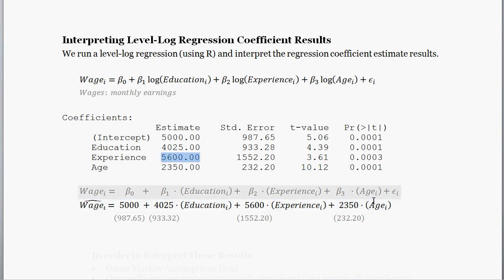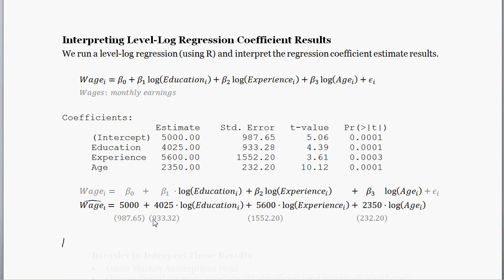And the estimate for beta 3, standing in for age, is this 2,350. So how do we interpret that? Let's focus on beta 1. How exactly do we interpret this when it was log education here? How, for example, do we interpret this beta 1 of 4,025?